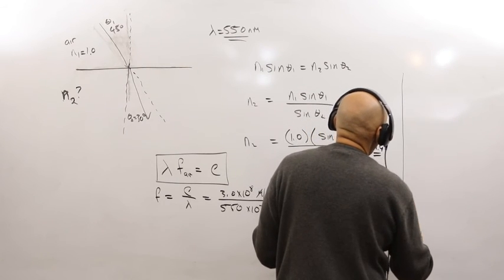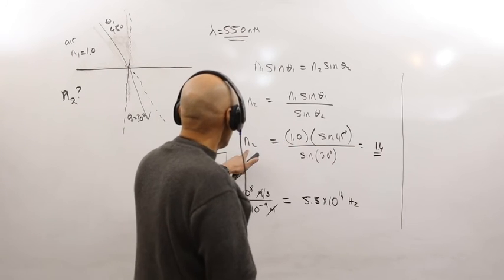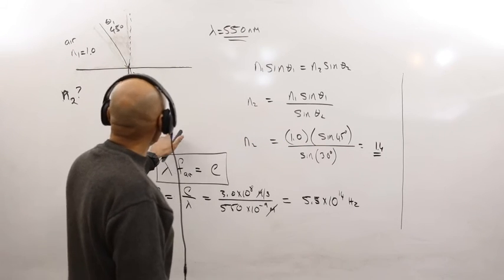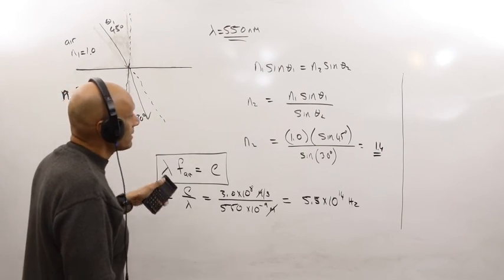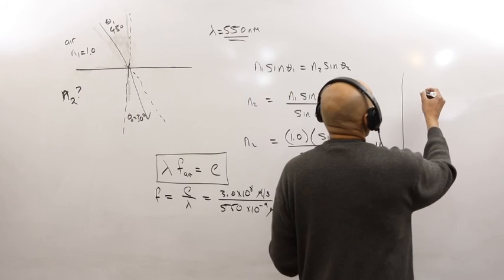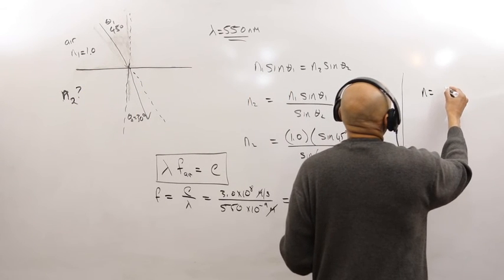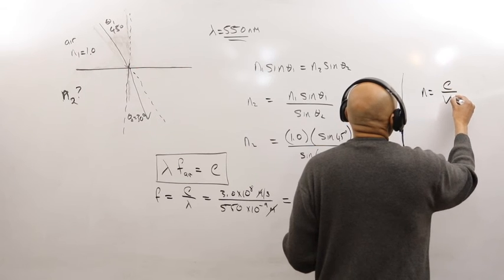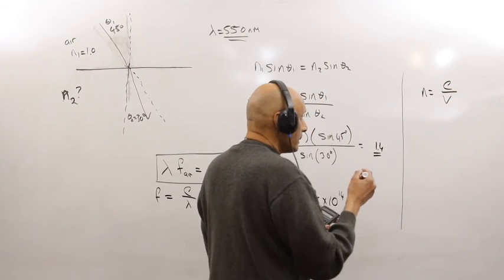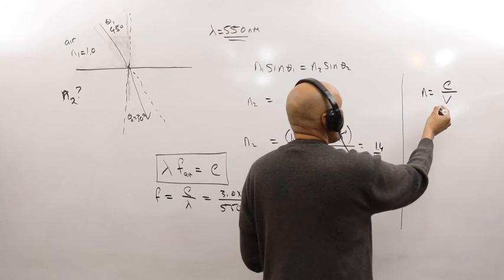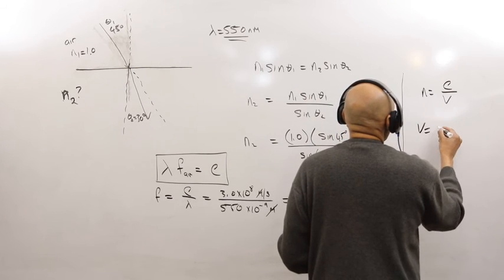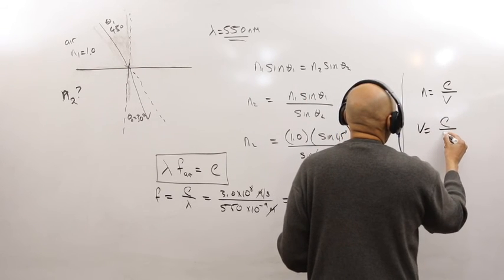And if you remember earlier, if you're given an index of refraction, we can calculate the speed that the light is traveling inside the material. So n is equal to c divided by v, the speed of the light traveling in that material. Solving for v, v is equal to c divided by n.